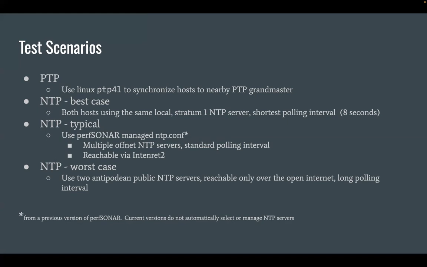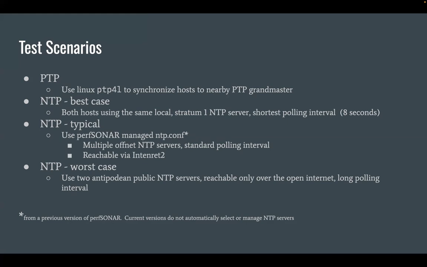The NTP typical case is using publicly available, or at least available to this community, NTP servers on the Internet 2 network. Previous versions of perfSONAR had a button you could click that would auto-configure multiple NTP servers. I don't think the newer versions do, but I had some older installations where I could just grab the servers and use those.